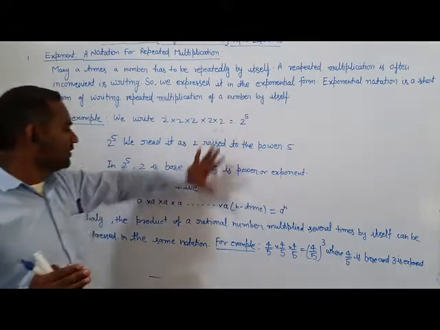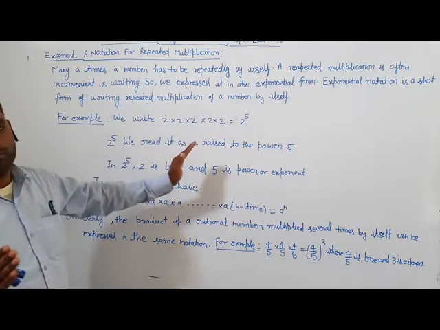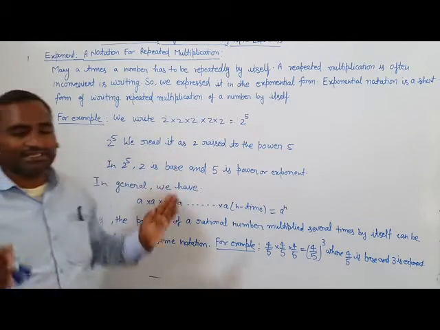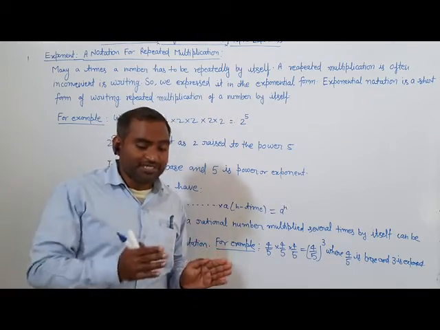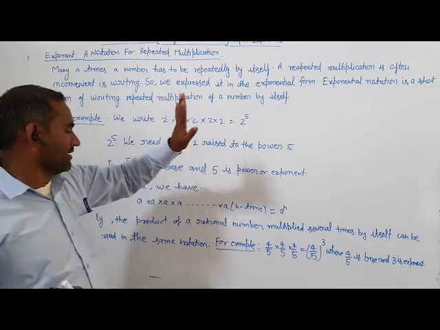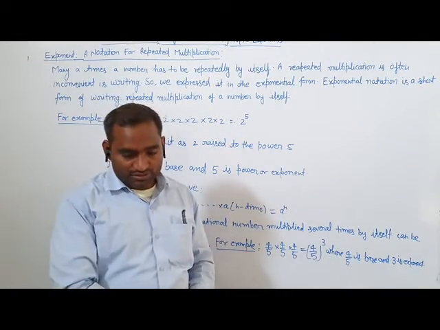This is the method to write the exponential form of any number that is multiplied by itself by repeated multiplication. So I think all of you have understood.